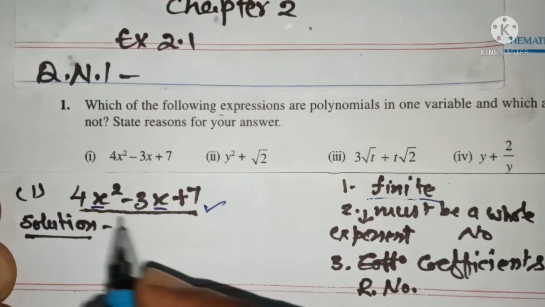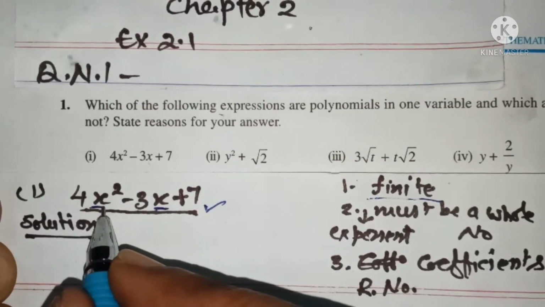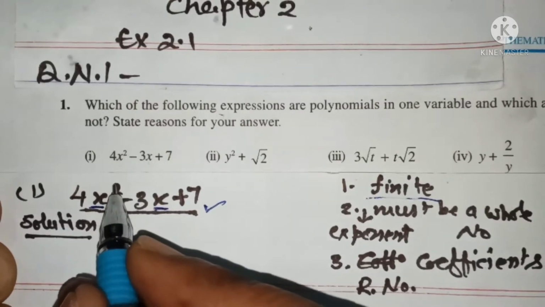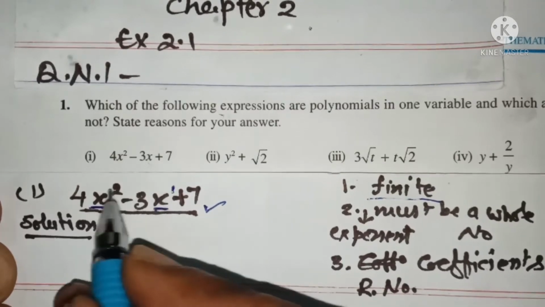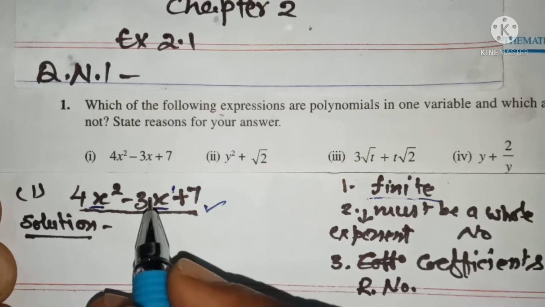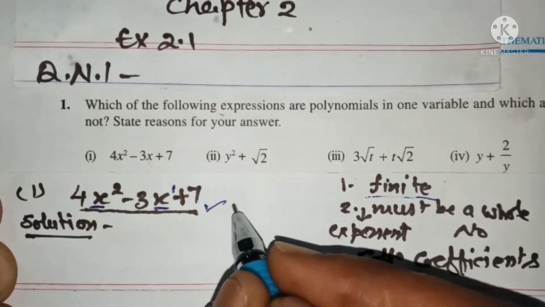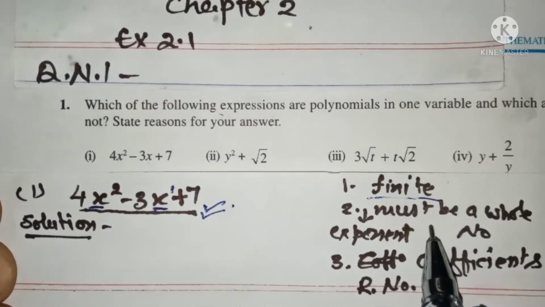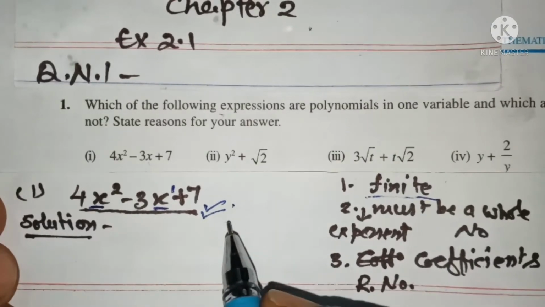Only the variable is x, and here it is x and here it is x to the power 2. Here in this term, the degree of x is 2 and here it is 1. Both are positive integers and we can say both are whole numbers. So the second characteristic to be a polynomial is also present in this expression.